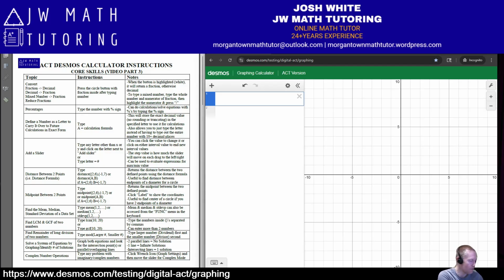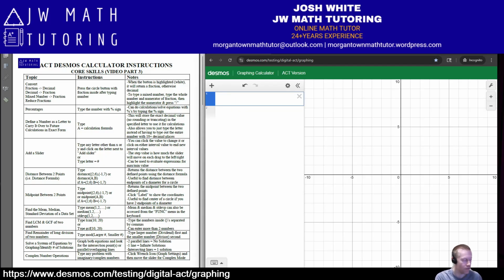Basically, you have to type the whole number part first, then the numerator of the fraction, then highlight this, and then, since only 3's are highlighted, when I press the division sign, the forward slash, then it'll make the denominator, and right there you have 2 3/4. And then notice it can convert it back and forth to 11/4. So if you need to do anything with a mixed number, that's how you can go from mixed number to improper fraction.